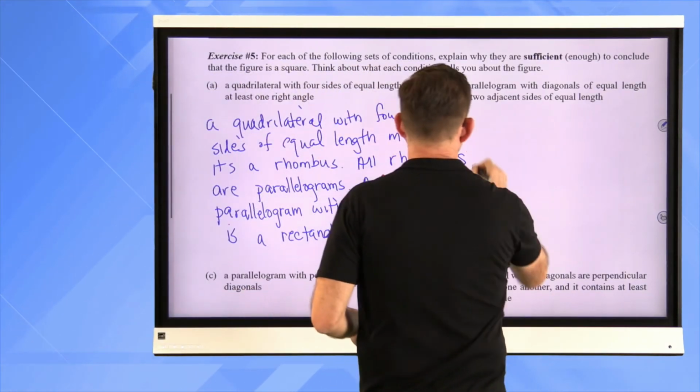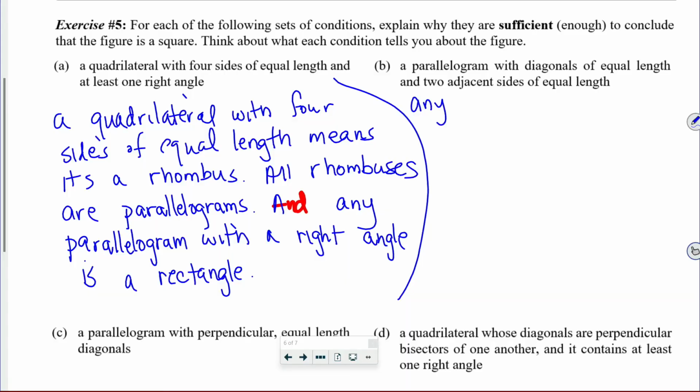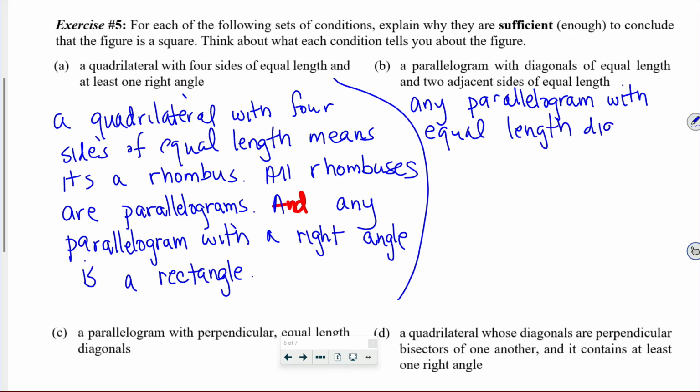Well, any parallelogram with equal length diagonals is a rectangle. Great. So we've got half of the point there.